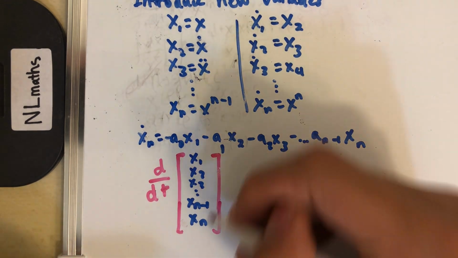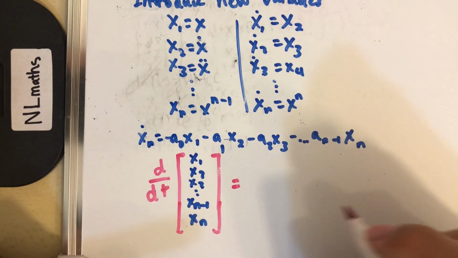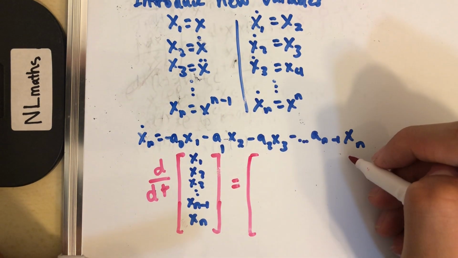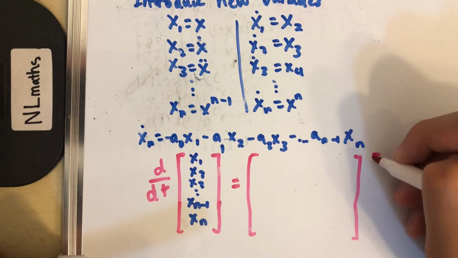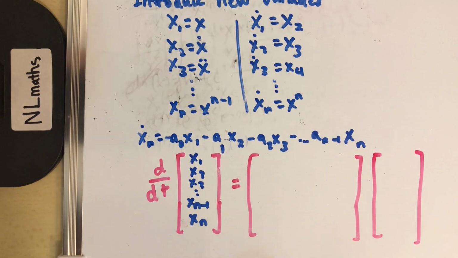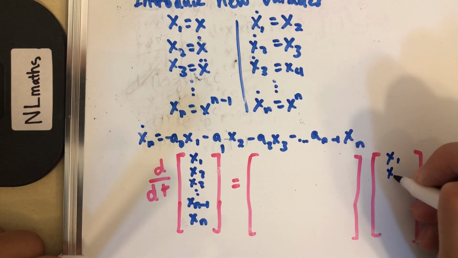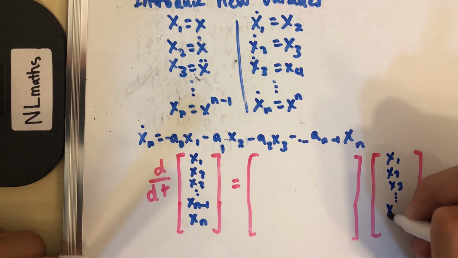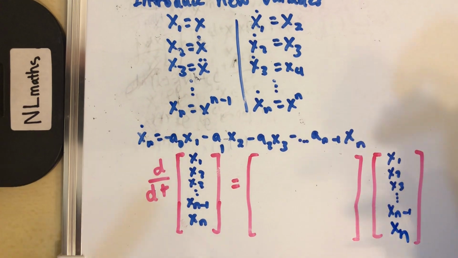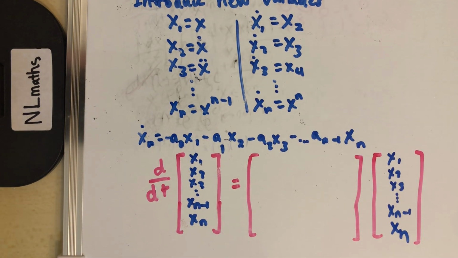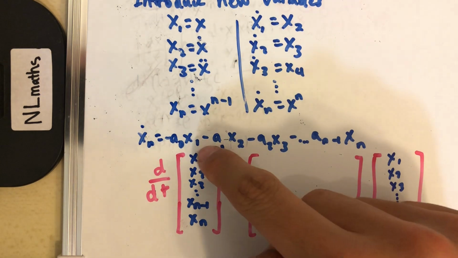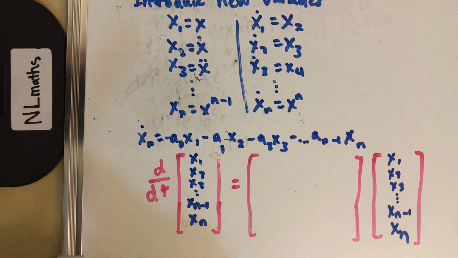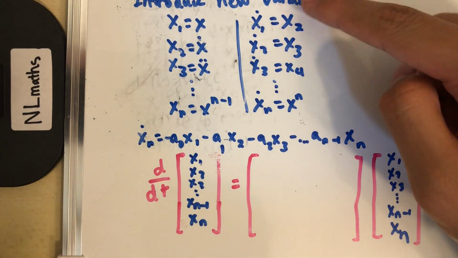And this is going to be equal to a big matrix multiplied by x1, x2, x3, dot dot dot, xn minus 1, xn. So it's like how much of x1 is in x1 dot, and so on. The derivative of x1, x1 dot, is x2, as you can see.